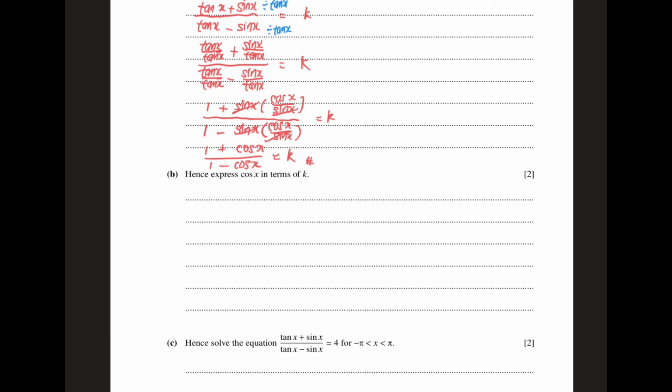We look at B. Hence express cos x in terms of k. So we continue from our result just now. We want to find cos x in terms of k. I'm going to bring the denominator to the other side, then I multiply with k.